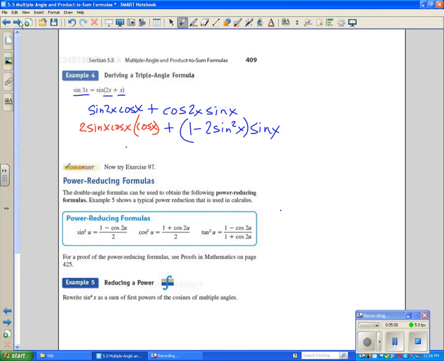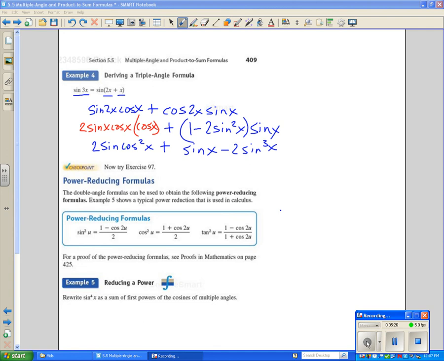All right, now it just comes down to simplifying it, creating a new formula, remembering that we could have done several things for the cosine 2x. So this is 2 sine x cosine squared x, and then we have the plus sine x minus 2 sine cubed x. It just comes down to simplifying this, noticing that all three of these have sine, but I would consider this pretty well simplified.